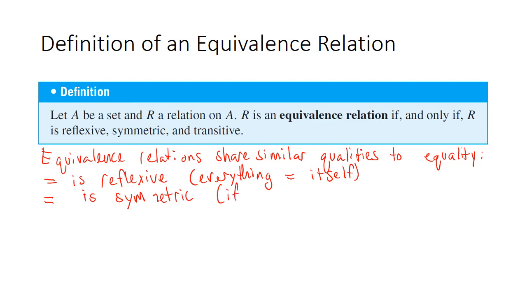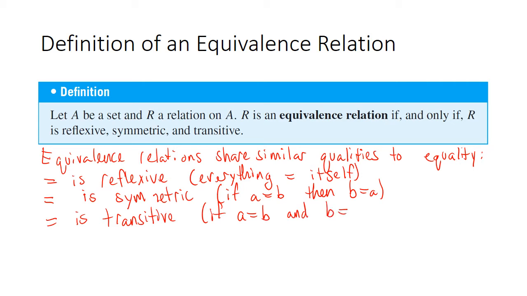So if A equals B, then B equals A. And equality finally is transitive. In other words, if A equals B and B equals C, then A equals C. So these are the natural properties of equality, and you've known about them for a long time and probably not thought too deeply about them. But there are a lot of other relations that also share these properties, which can be quite useful.